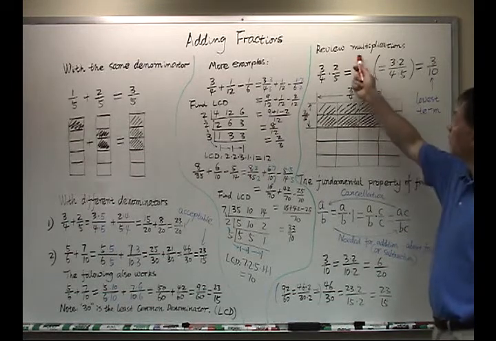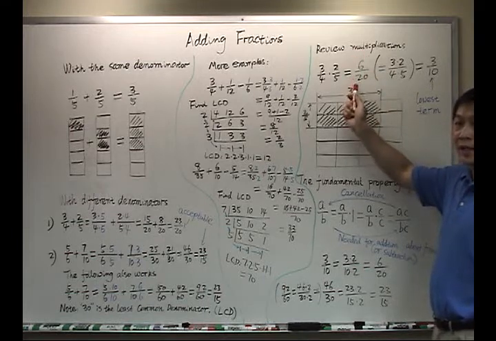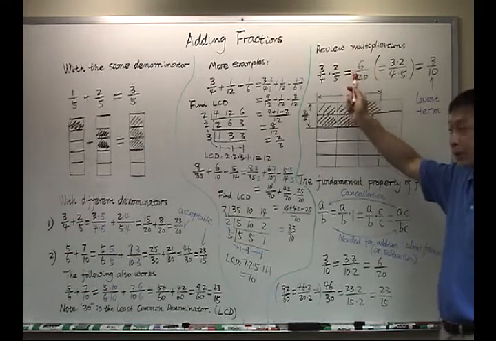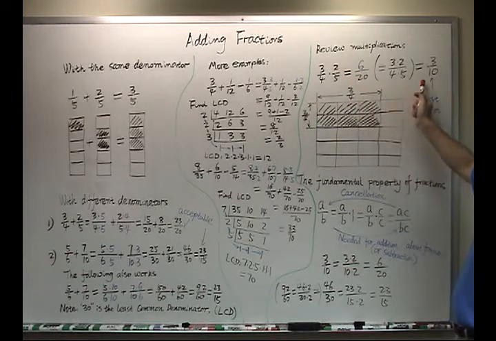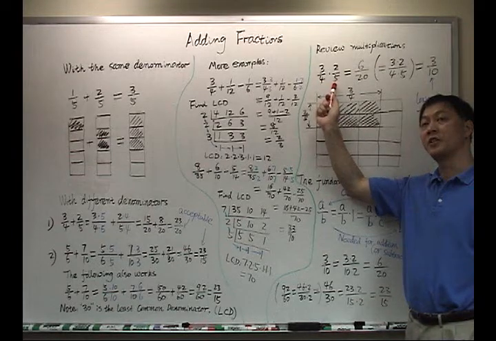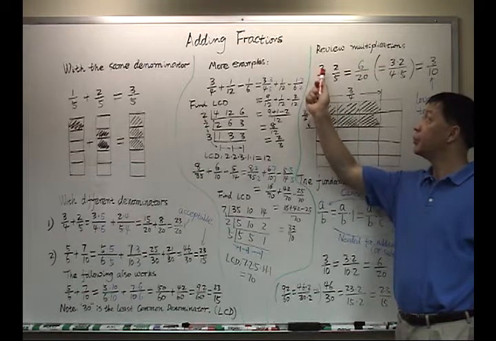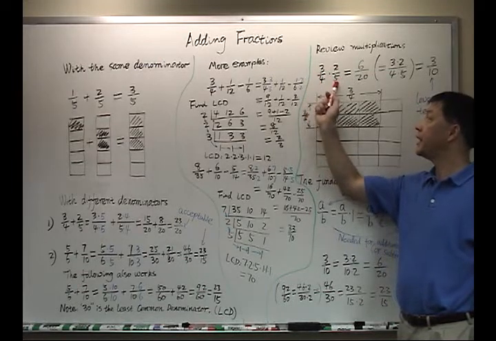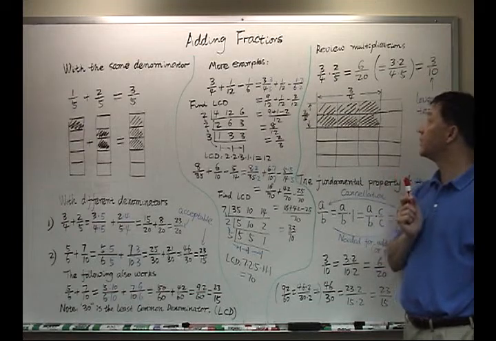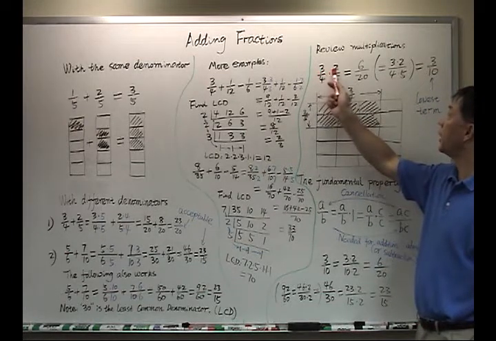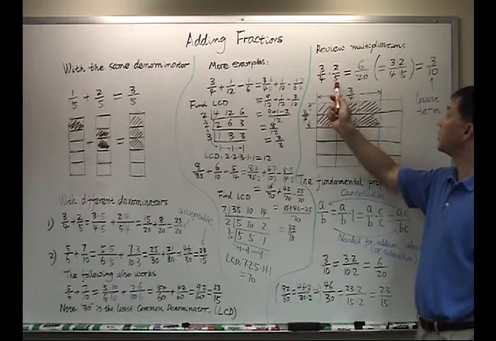So the answer here is correct, but this can be reduced. We will talk about this a little bit later. Anyway, from here we get that one fraction times another is numerator times numerator, denominator times denominator. So you see 3 times 2 is 6, 4 times 5 is 20.